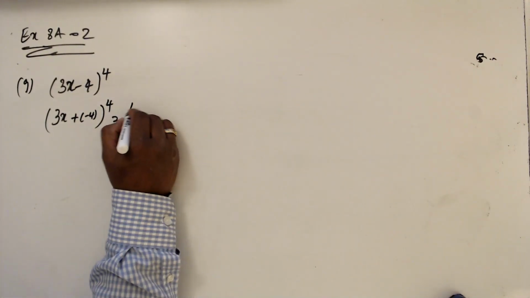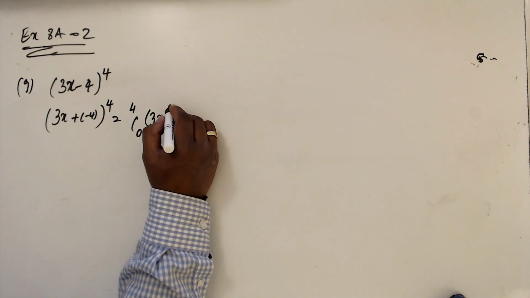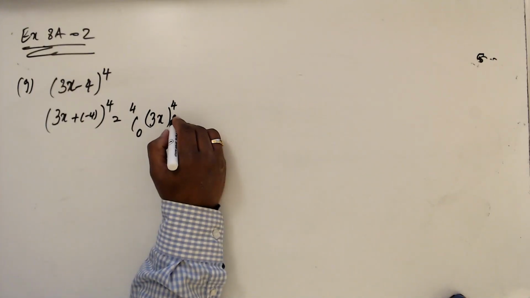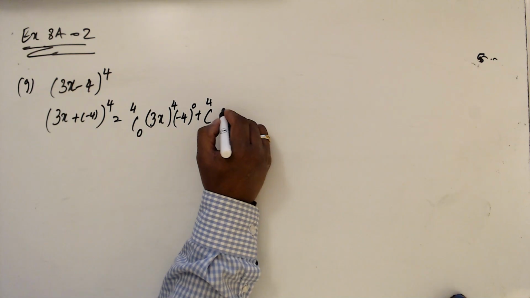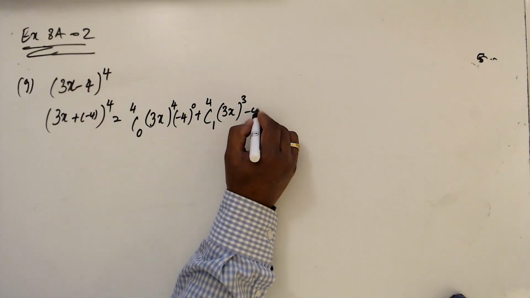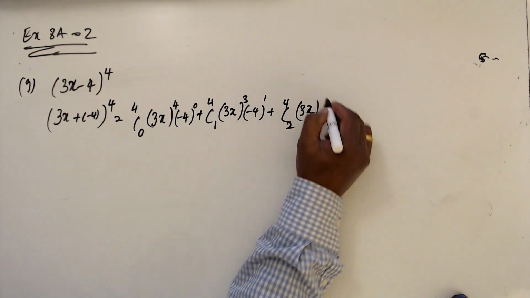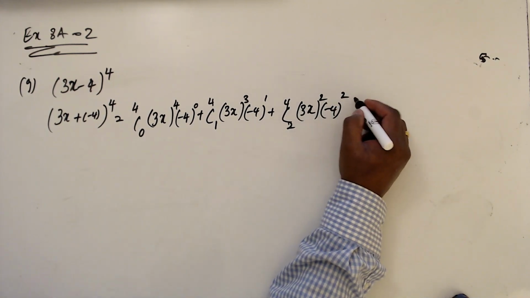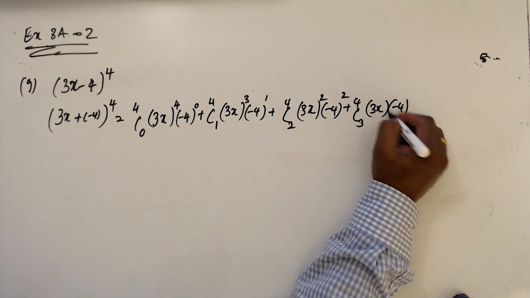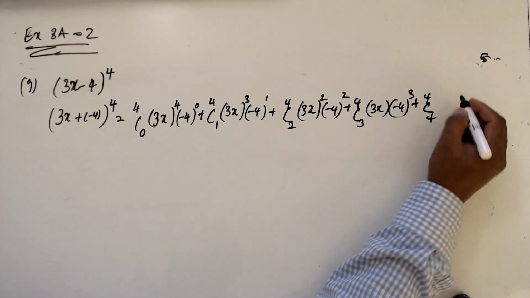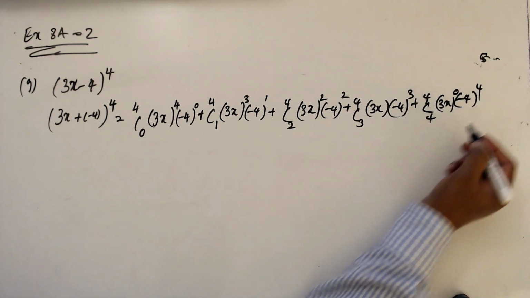Now I can do it. 4C0 (3x)^4, minus 4 to the power 0, and 4C1 (3x)^3 minus 4 to the power 1, 4C2 (3x)^2 minus 4 square, and 4C3 (3x) minus 4 cube, and 4C4 (3x)^0 minus 4 to the power 4.